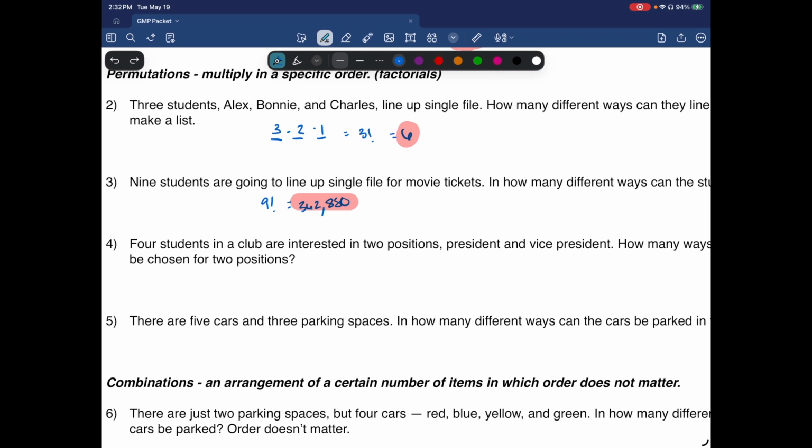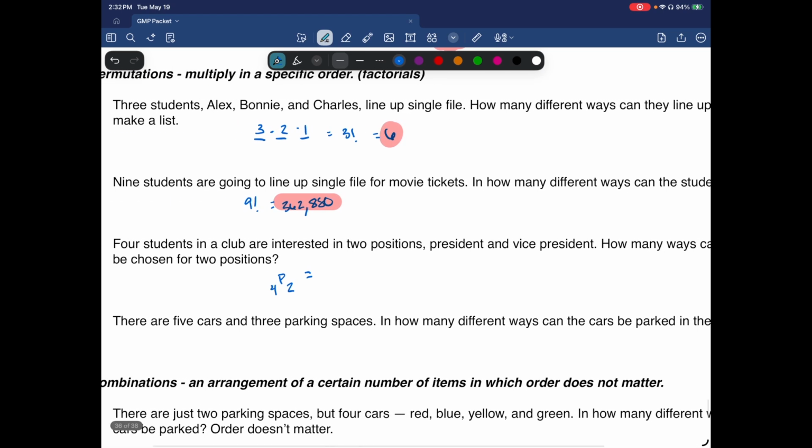But like on number 4, 4 students in a club are interested in 2 positions. So now we have to choose. We don't get to use all 4. So this is going to be an example of 4P2. We got 4 people, we're choosing 2 positions, and order matters. So president, vice president, how many ways can students be chosen for the 2 positions?